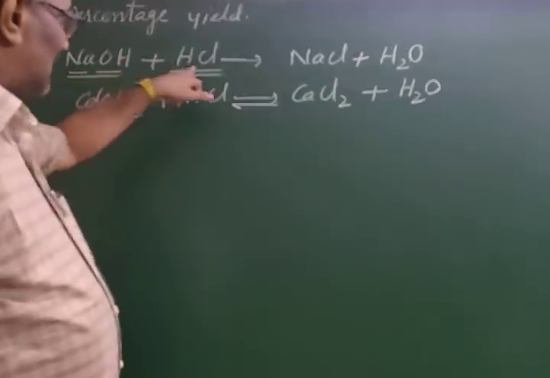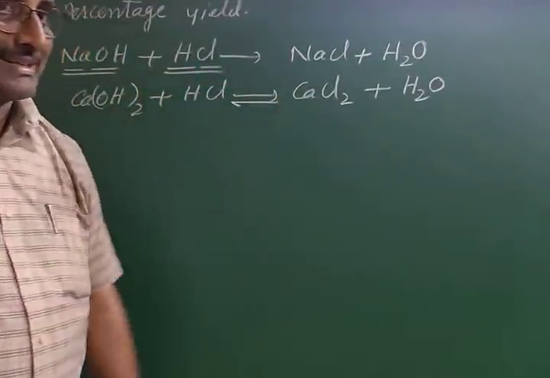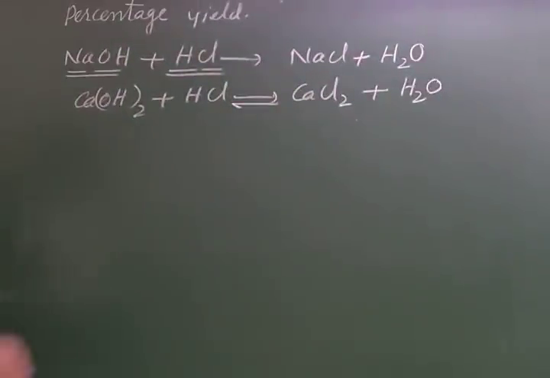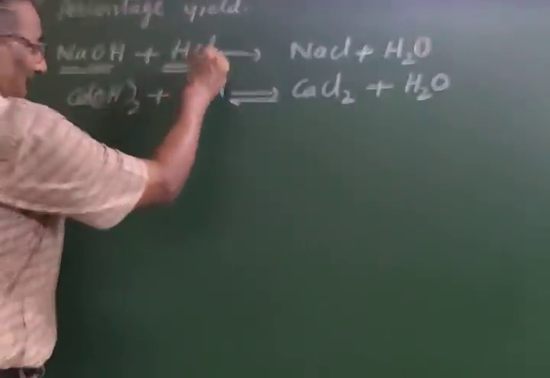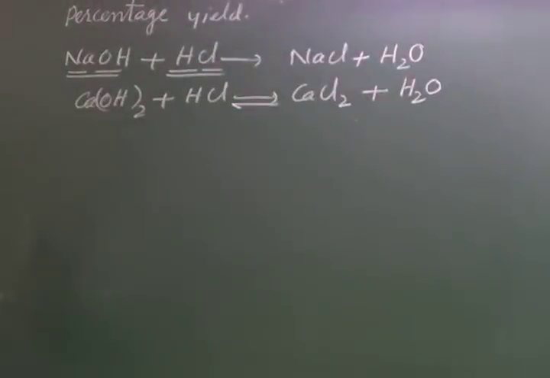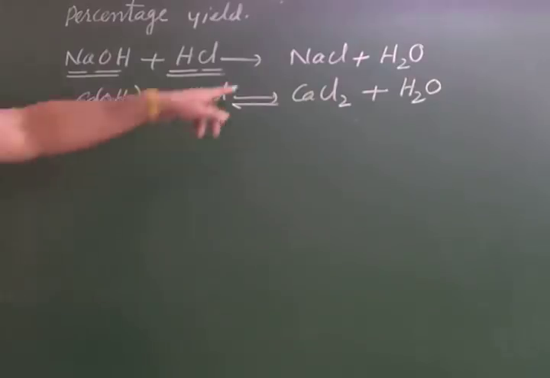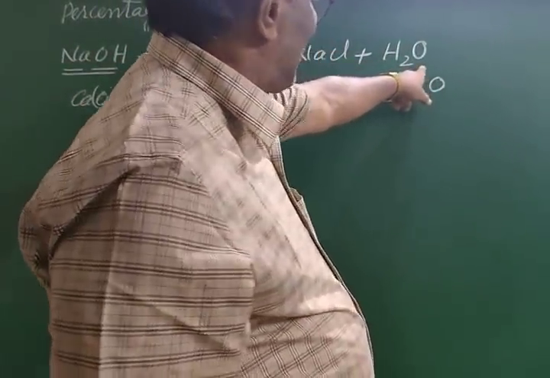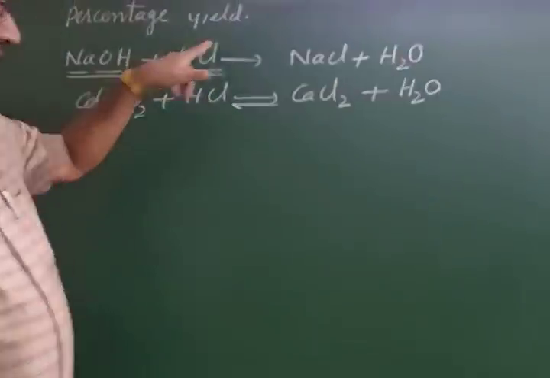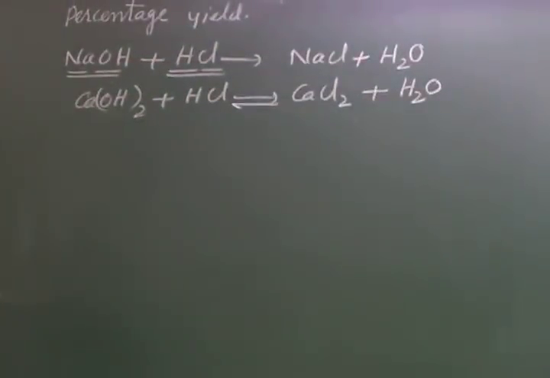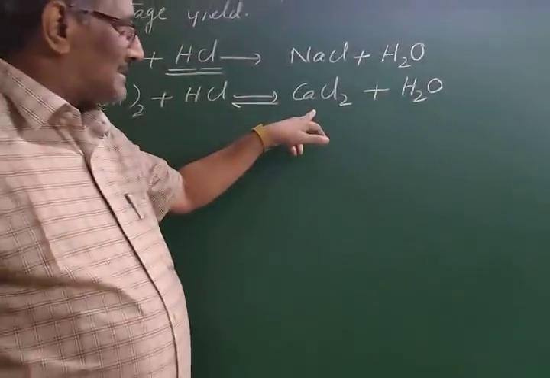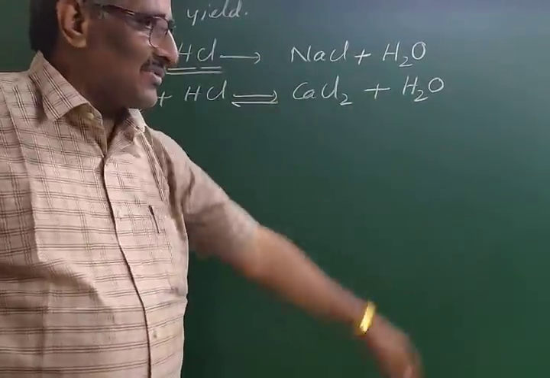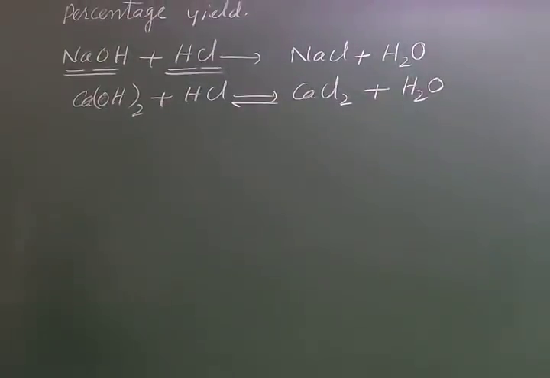But the reaction between sodium hydroxide and hydrochloric acid is 100% completed. As sodium hydroxide and hydrochloric acid are a strong base and a strong acid, sodium chloride doesn't react with water, so the reaction will be 100% completed. But it is not the situation in the case of the reaction between calcium hydroxide and hydrochloric acid.